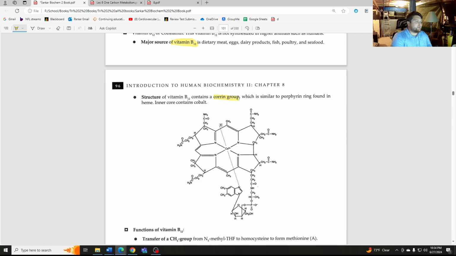We talked about hemoglobin a decent amount last trimester when we talked about primary, secondary, tertiary, quaternary structure. The difference between heme and vitamin B12 is the cobalt at the center instead of iron, which is in heme.